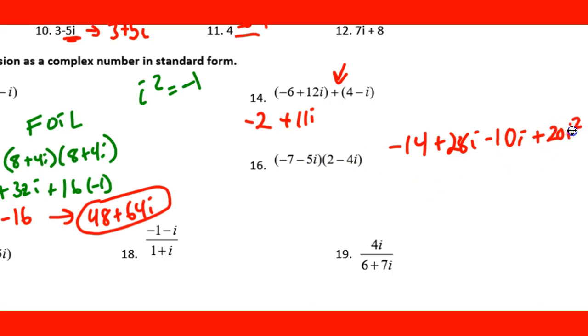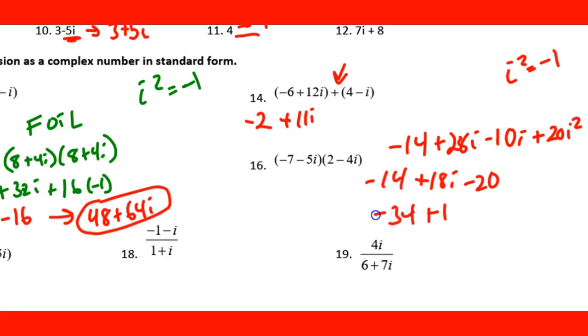Now, again, i squared is negative 1. So let's combine like terms. Negative 14, 28 minus 10 is going to be a positive 18i, and then you have negative 1 times 20 is negative 20. So now negative 14 minus 20 is negative 34 plus 18i.